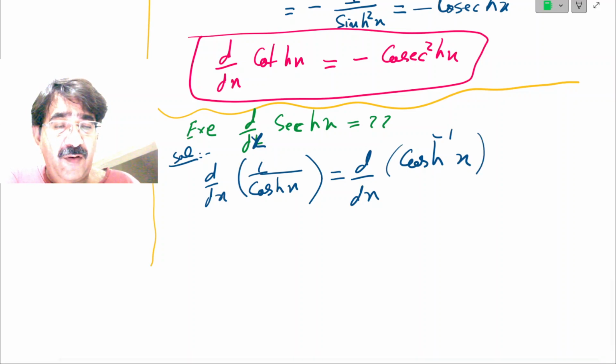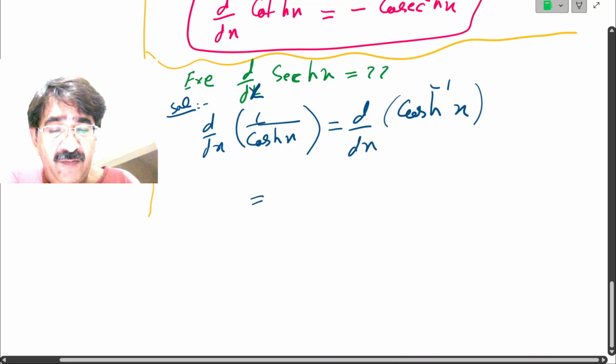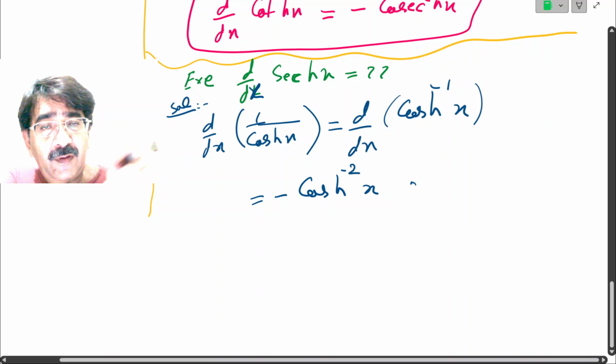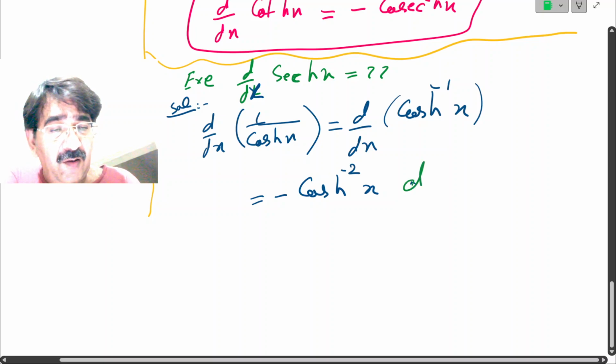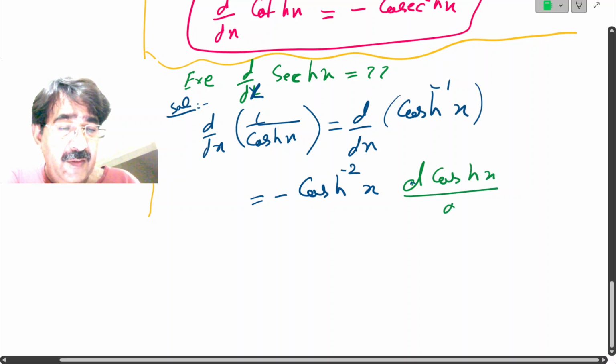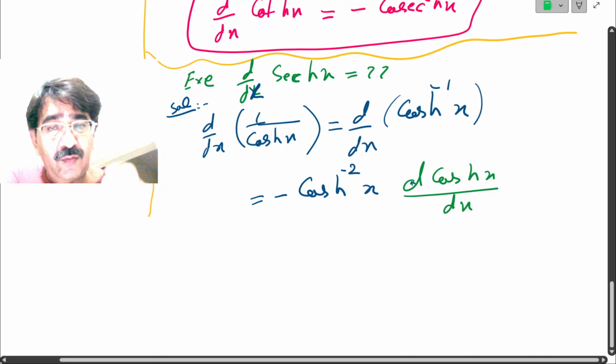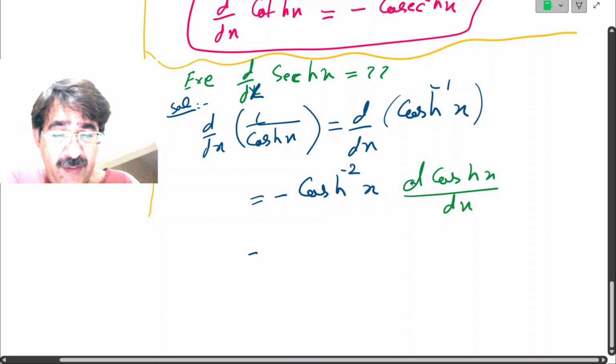By using the power formula, the power will shift, so it will be minus cos hyperbolic x to the power minus 2, and then the derivative of cos hyperbolic x, so our result will be minus cos hyperbolic square x.